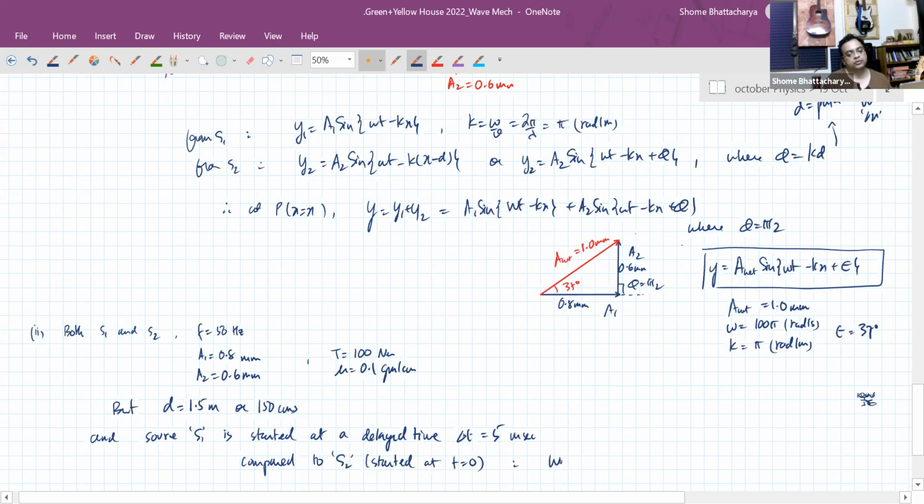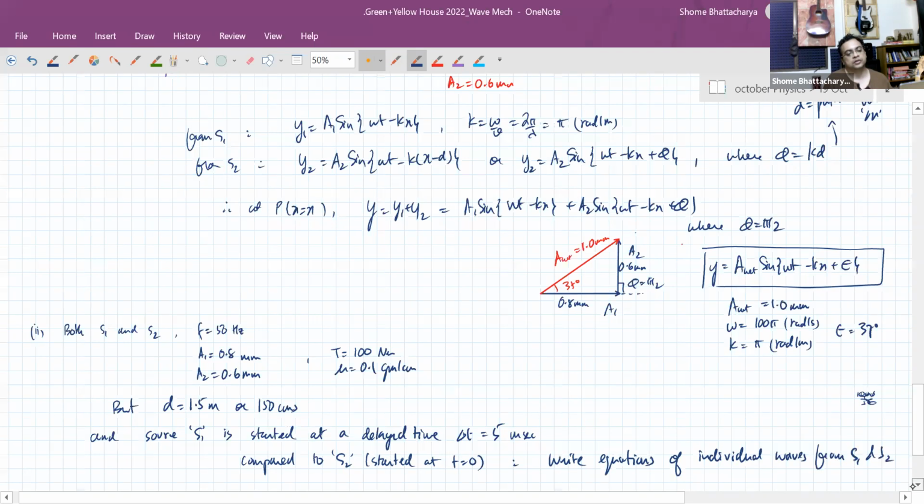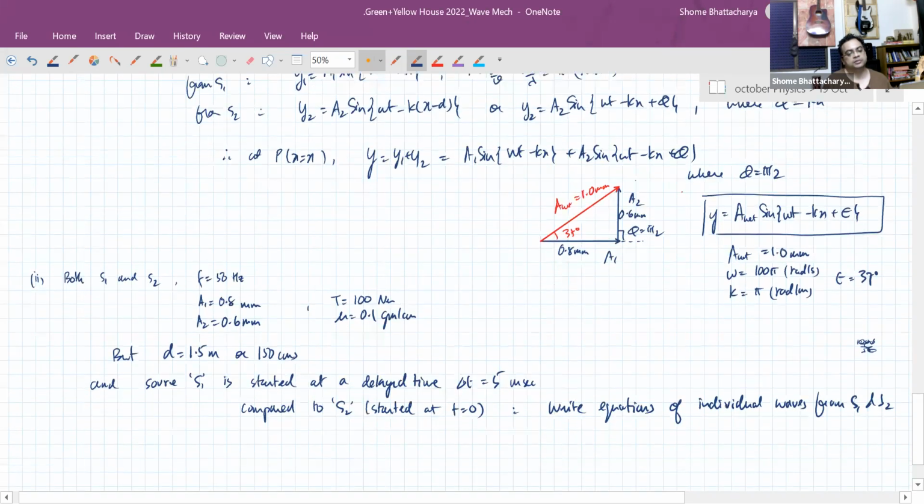So again, what we have to do is write equations of the individual waves from S1 and S2, then calculate the phase difference between them, and then from that, calculate the net amplitude.